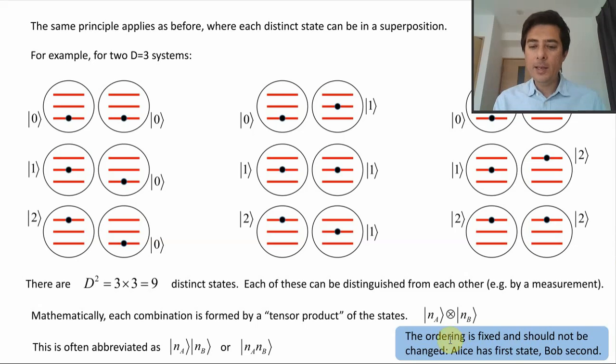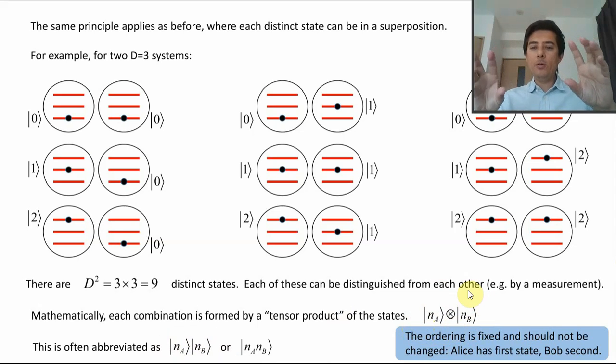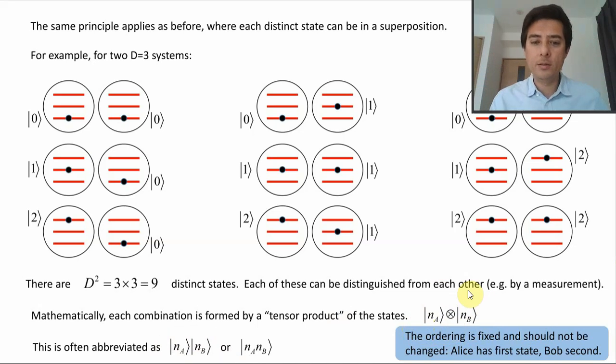A further note is that if I'm using this notation, or even this one here, I should always keep the ordering of these things the same. I shouldn't swap the orderings out of nowhere.